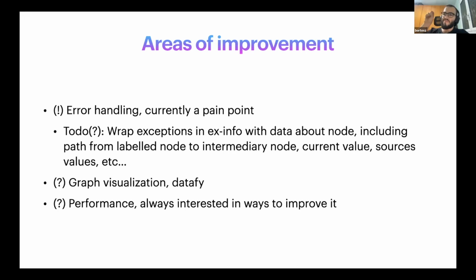So you can easily detect which node, even if it's intermediary, actually failed to be able to fix it.